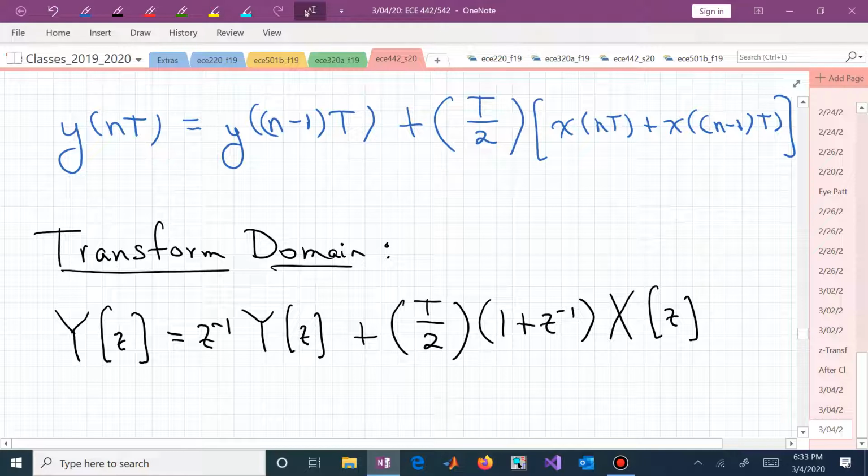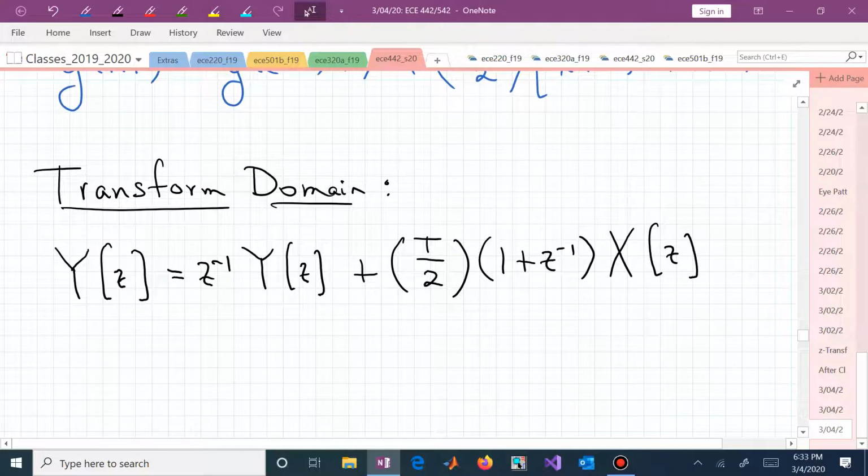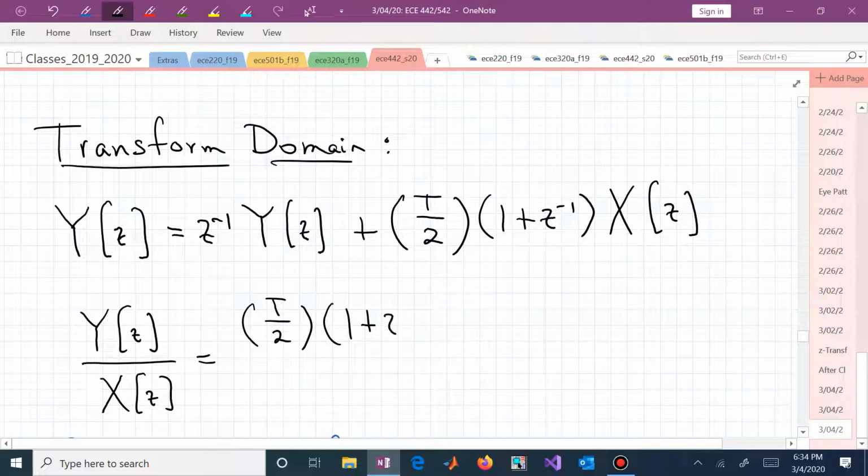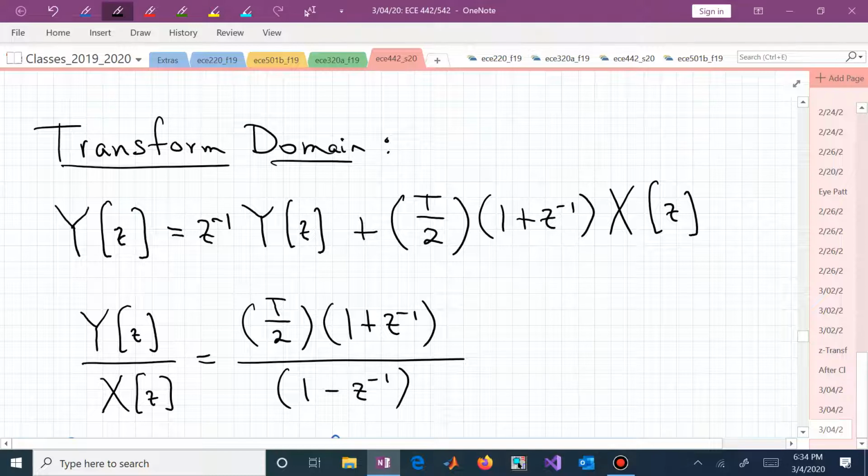Just factoring out the common capital X. We can now solve for Y of z over X of z, and we're left with capital T over 2, 1 plus z to the minus 1 over the factor 1 minus z to the minus 1.